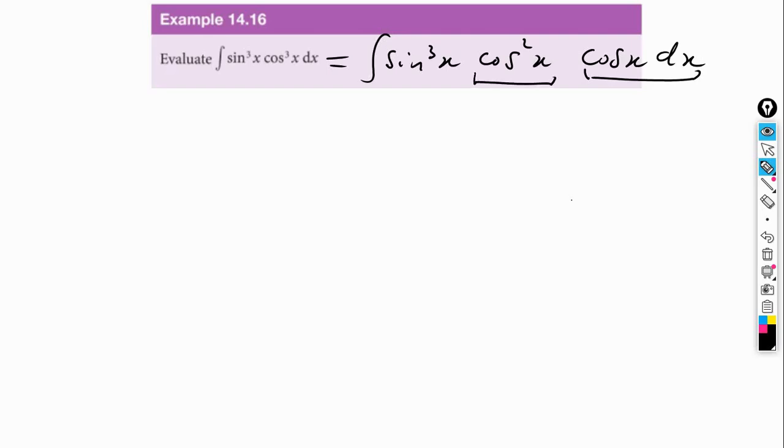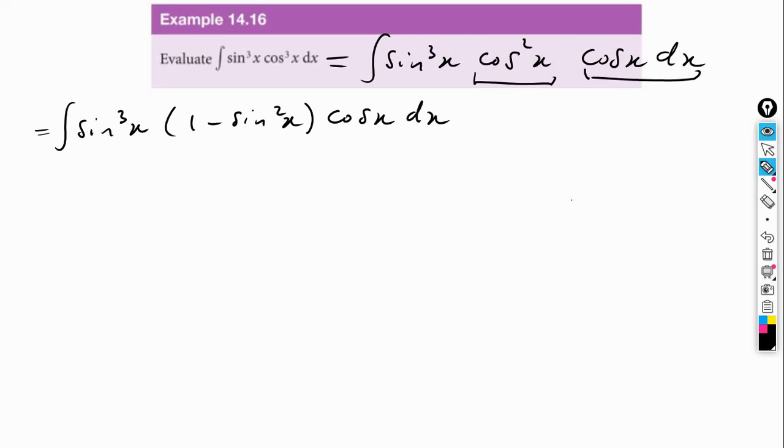Leave this in terms of sine and not in terms of cosine. But we know from the Pythagorean identity that cosine squared is simply 1 minus sine squared. So we can say that this is equal to the integral of sine cubed of x times 1 minus sine squared of x times cosine of x dx.